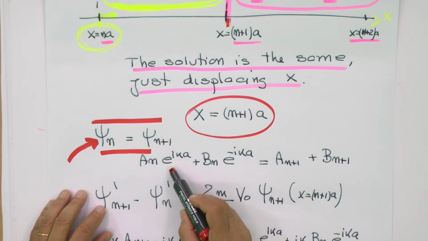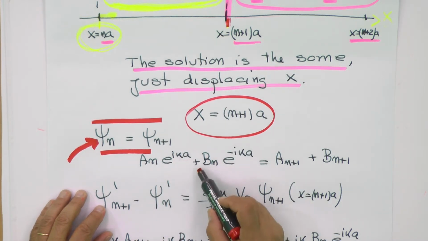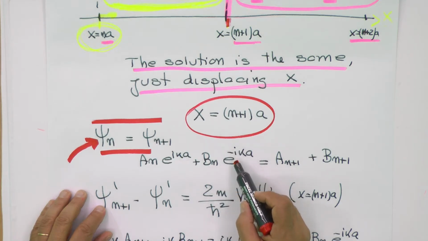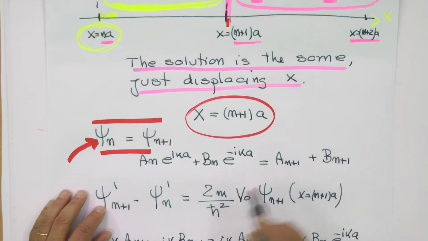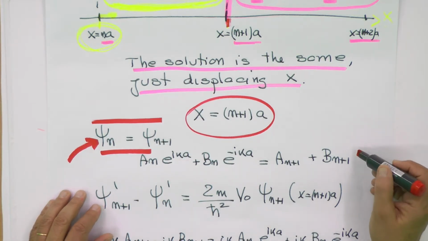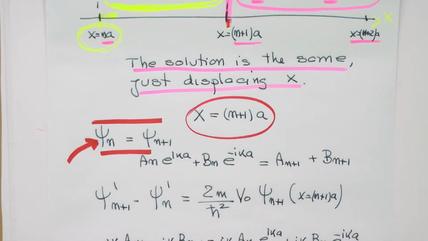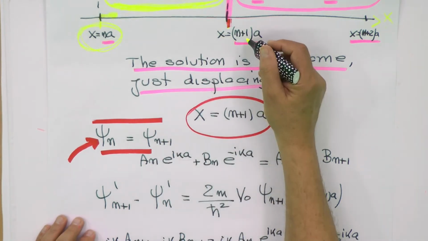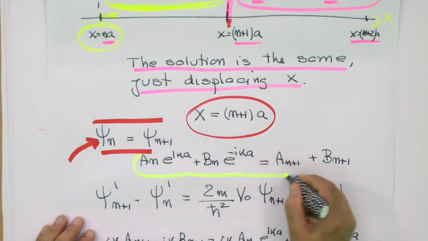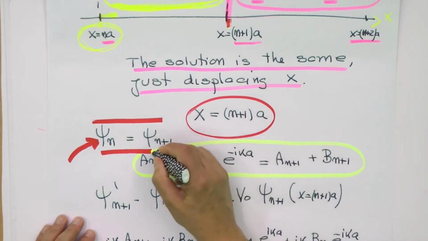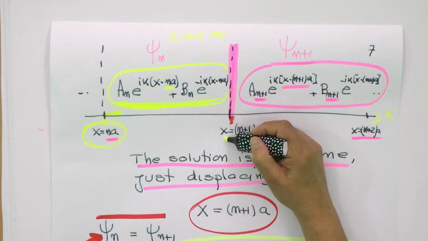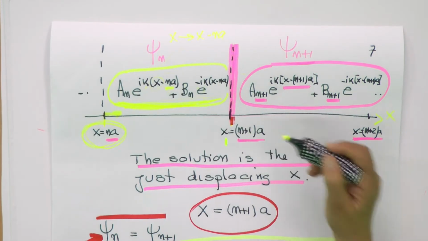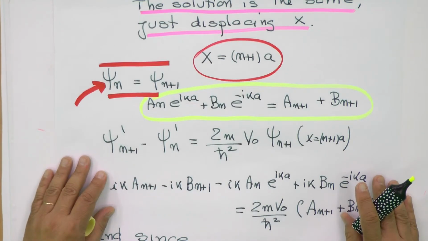So a n e to the ika plus b n e to the minus ika is equal to a n plus 1 plus b n plus 1. That's the relation between the coefficients in any frontier n, with the notation corresponding to the frontier x equal to n plus 1a. Right?